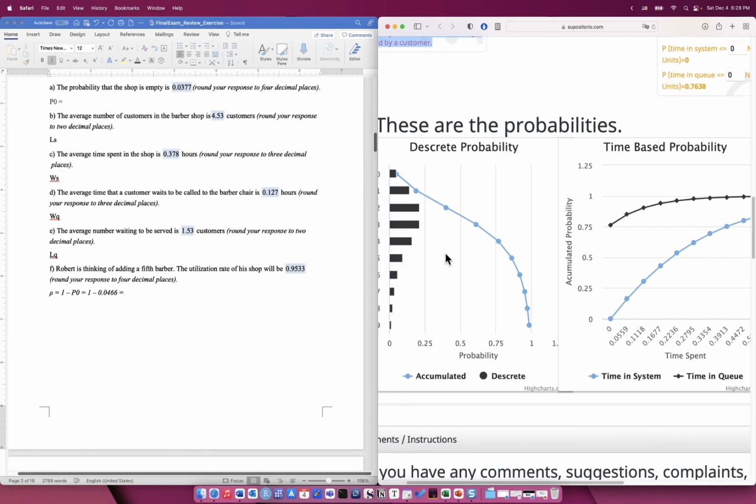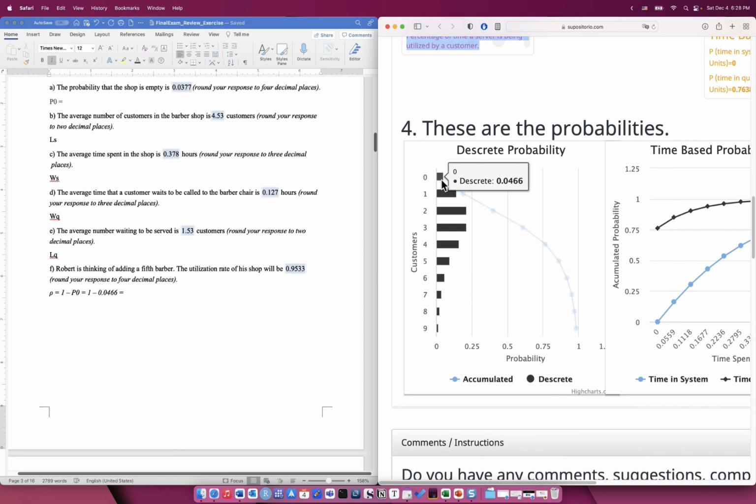So how do you read this again? Each bar here represents the discrete probability, which is the probability of exactly one person, two people, three people, four people in the system. This curve here is the cumulative probability, telling you the probability of 3 or less in the system, 4 or less in the system, 5 or less in the system.